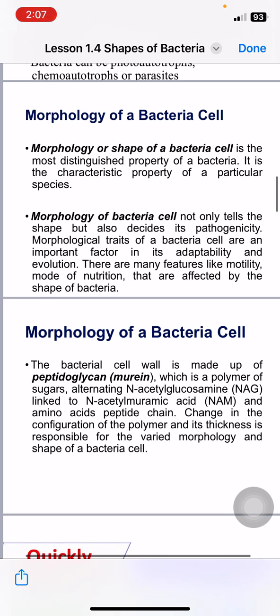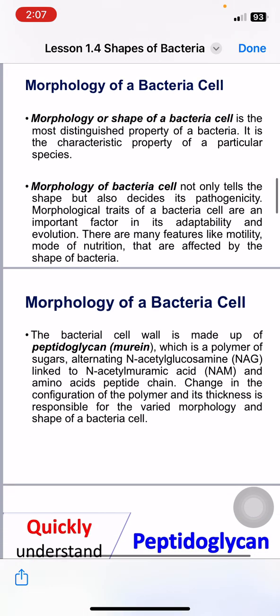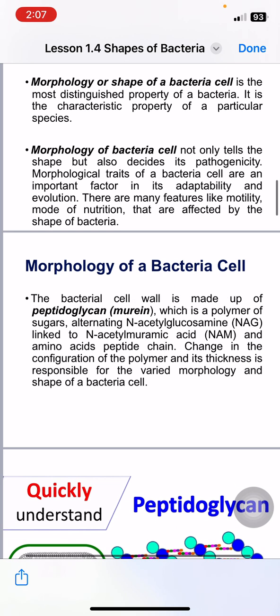Next, we have morphology of bacterial cell. This entails not only the shapes, but also how pathogenicity can occur with the bacteria. As we all know, one good type of pathogen is bacteria. The important factors of bacterial cell can also adapt in evolution.